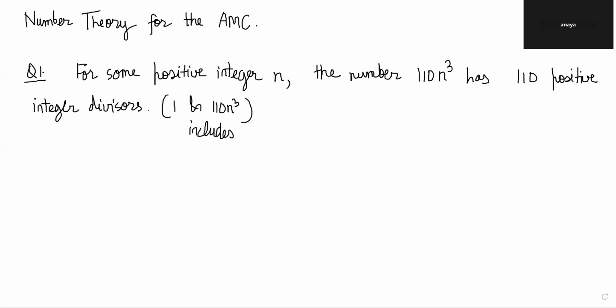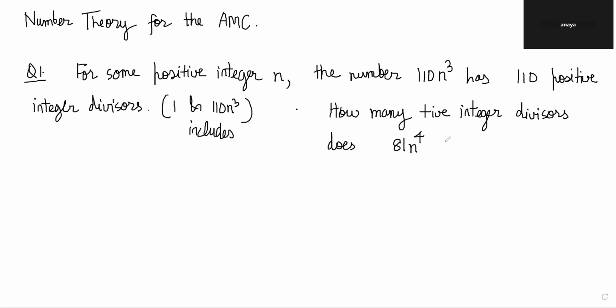You have to find how many positive integer divisors 81 n to the power 4 has. The options are 110, 191.